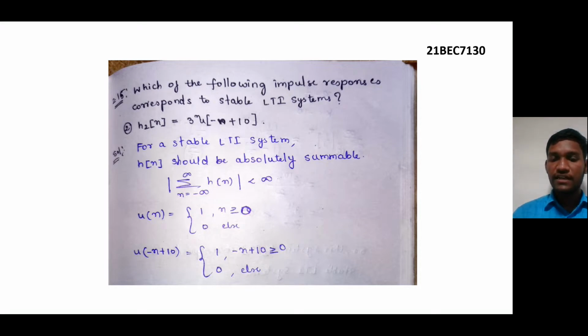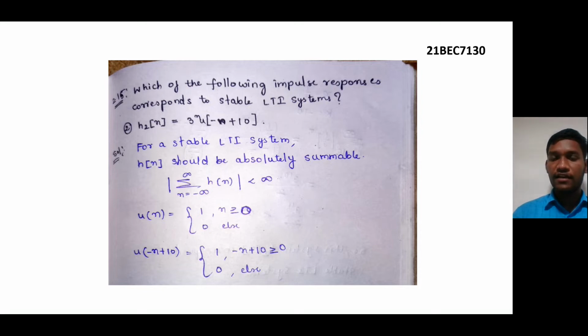Sorry, we are simply subtracting 10 from both sides. So plus 10 minus 10 gets cancelled and minus 10 gets added to 0, giving minus n should always be greater than or equal to minus 10.